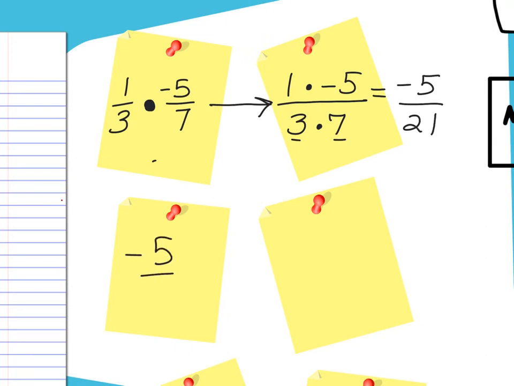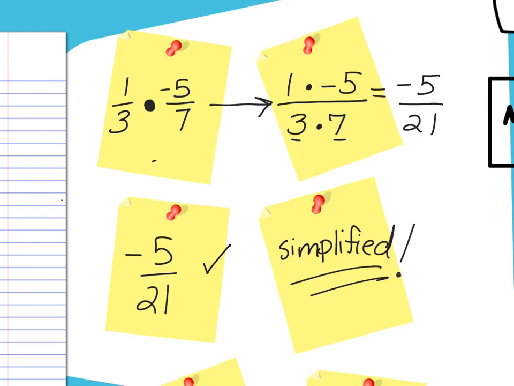If I check it, it is simplified because you cannot divide -5 or 21 by the same factor. So my answer is -5 over 21.